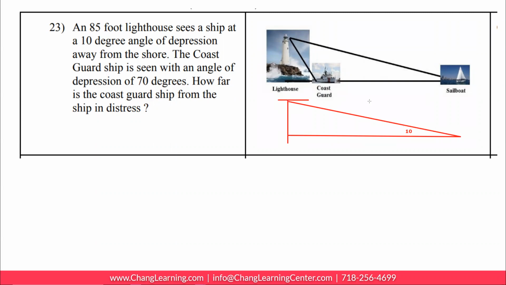If we had a level, just like the sea, a parallel line, by alternate interior, that's the angle of depression. Meaning that if the light was shining straight ahead, that's 0 degrees, but it's tilted down 10 degrees. So the right triangle that's formed by alternate interior has 10 degrees in the triangle there.